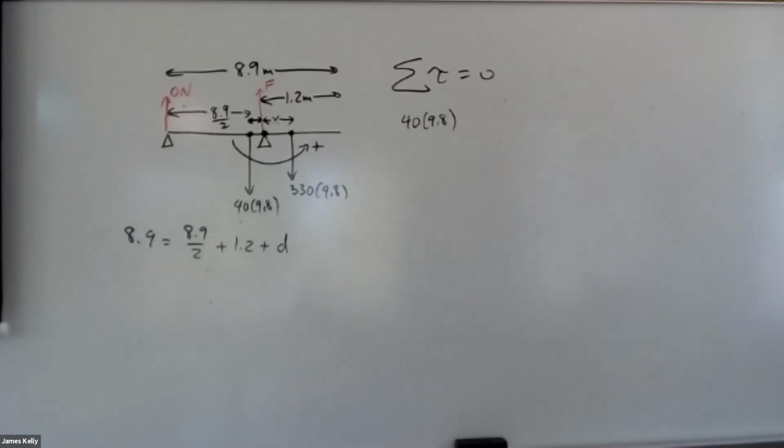Anyone got that calculated? 8.9 over 2 minus 1.2. 3.25.